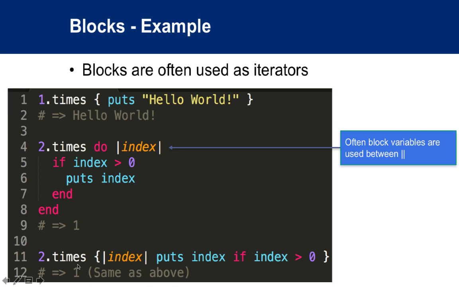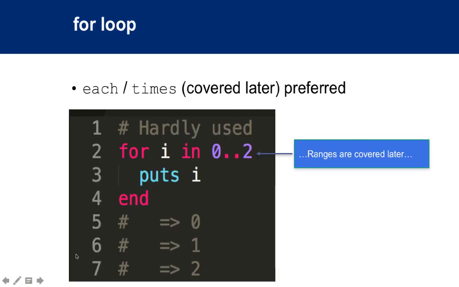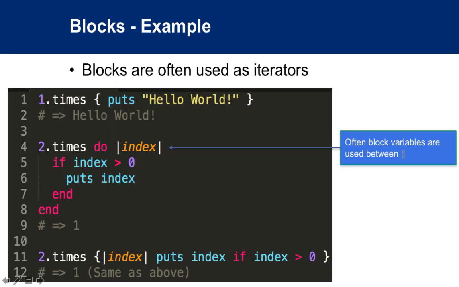And this is exactly the same example, but using the curly brace syntax instead of using the do and end syntax. So you have 2 times, index puts index if index is greater than 0, and that ends up being the same thing.